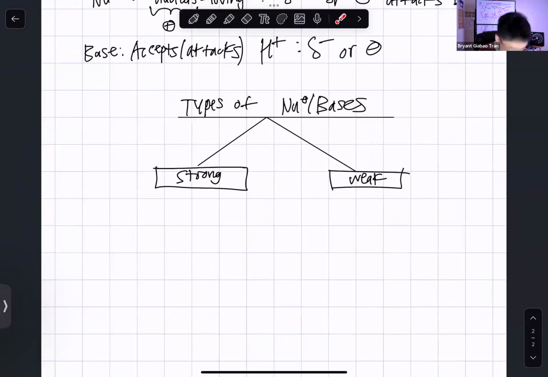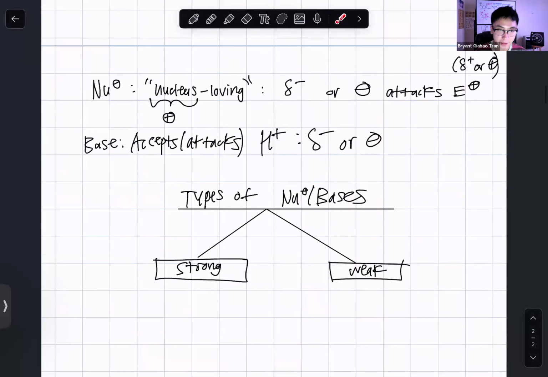So what do you guys think weak nucleophiles are? Are they going to be neutral charge or negative charge? Let's compare a molecule that is neutral charge and a molecule that's negatively charged. Which molecule is a stronger nucleophile?